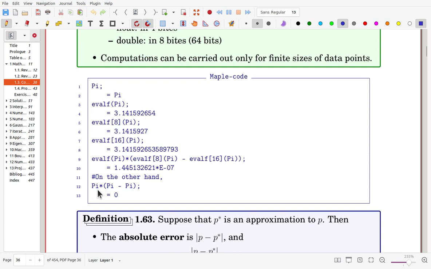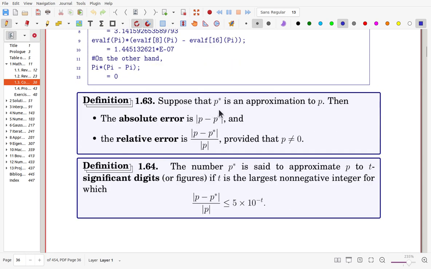However, pi times pi minus pi must be 0. So here, if your machine precision is not good enough, then you have to be very careful. However, for most cases, along with modern computers, you don't have to worry too much about the machine precision.